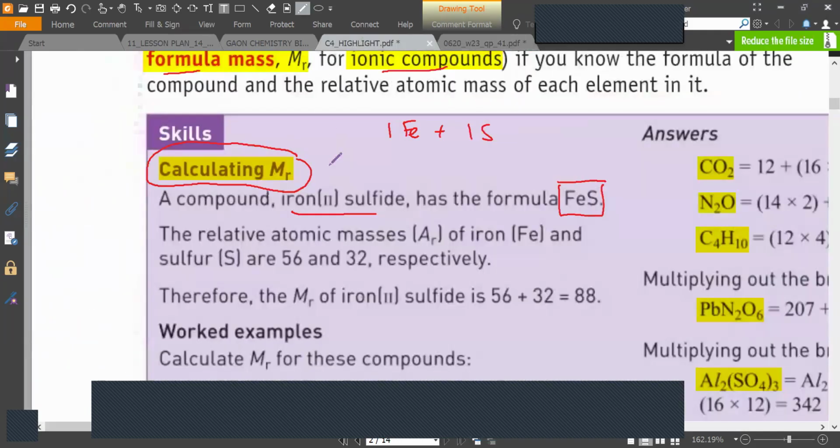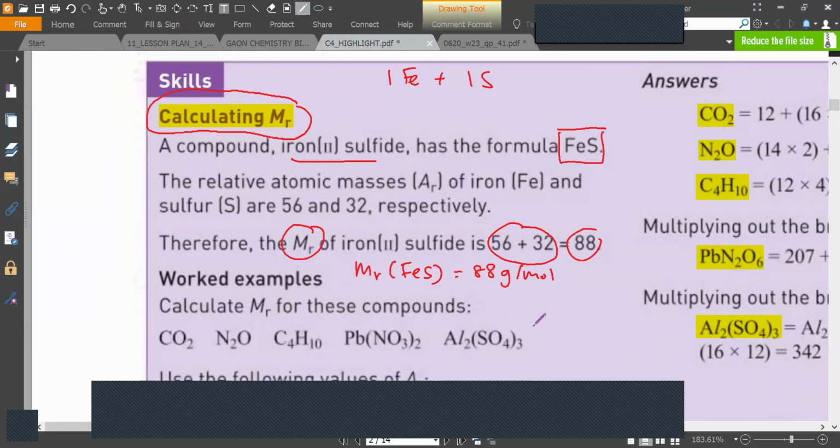We simply add them together: 56 plus 32 equals 88. So the Mr for iron sulfide will be equal to 88. If we want to put the unit, we just put gram per mole.